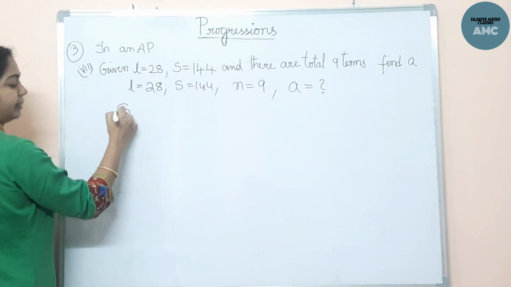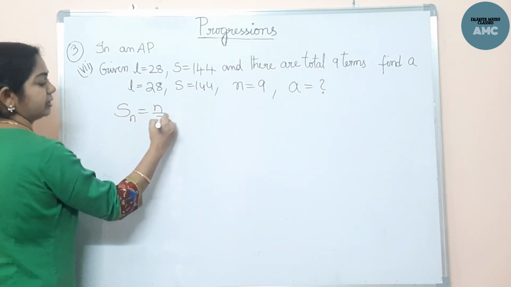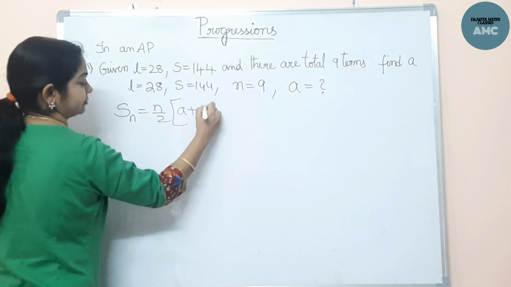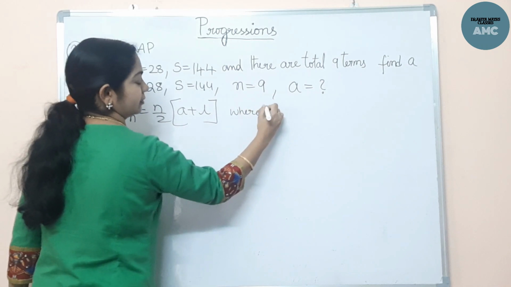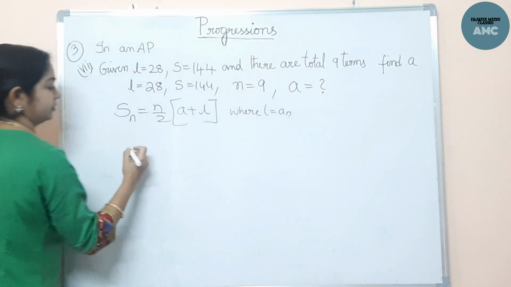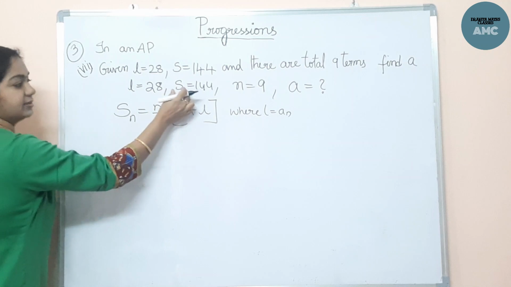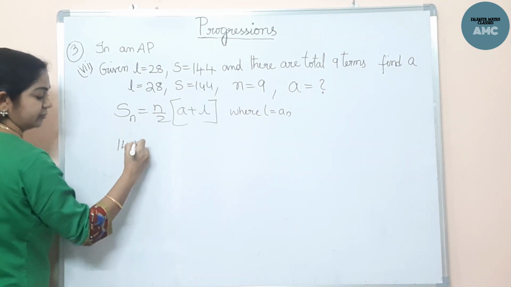Now here we will apply this: Sn is equal to n by 2 (A plus L), right, where L is the nth term. Now Sn, the sum is already given as 144.